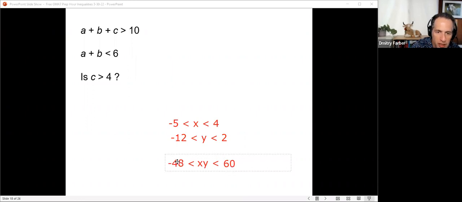You might have cases where you have to pull differently and make a trade-off. Like what if you had negative 5 here and negative 12 up here? You might have to say, well, if I make x negative 12, that limits y to 2, that's negative 24. Whereas if I make y negative 5, that combines with a bigger x, but that's still just negative 20. Okay, I'd still want 12 and 2 if I flip those.